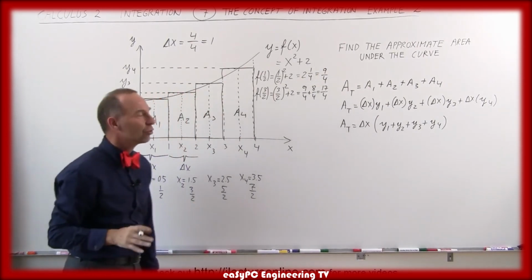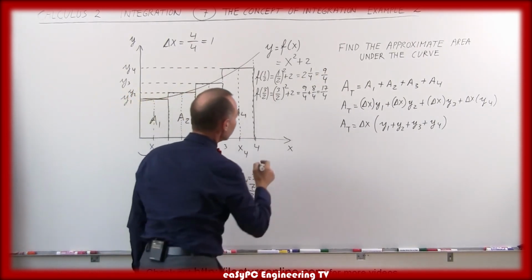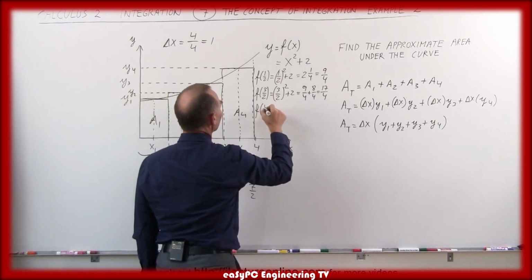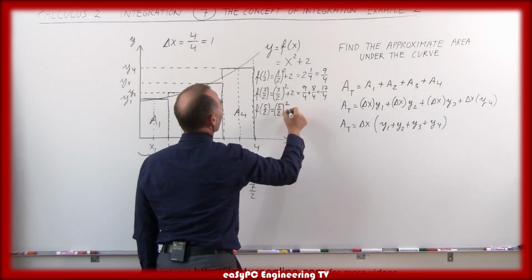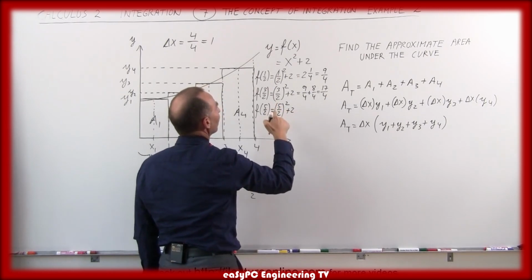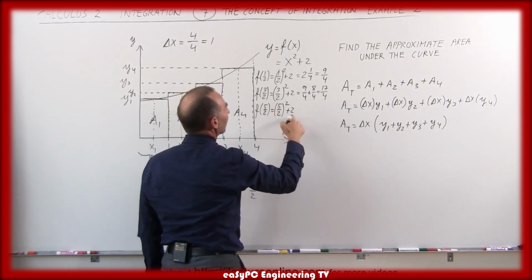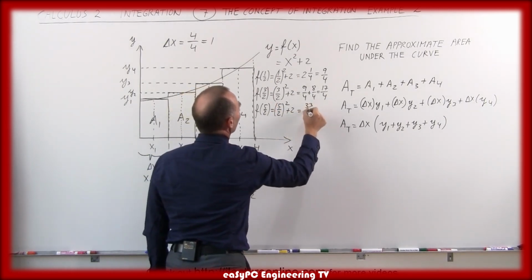And 2 1/4 can be written as 9/4. Sometimes it's just simply easier to write it as a fraction. The function evaluated at 5/2 is equal to 5/2 squared plus 2. That would be 25/4 plus 8/4, that would be equal to 33/4.